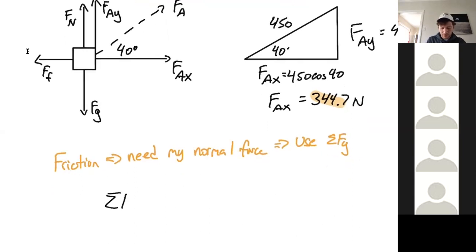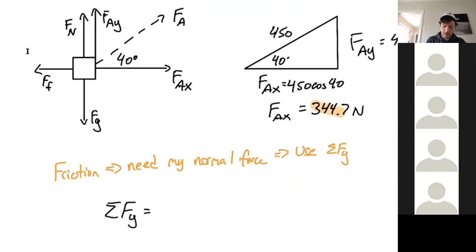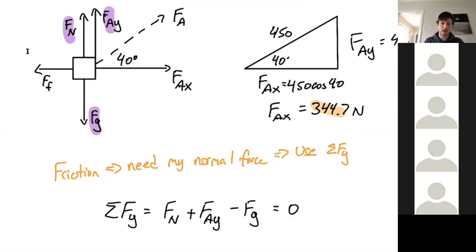The sum of the forces in the y direction. Well, what are my y components? I've got Fn, Fay going against the force of gravity. So Fn plus Fay minus the force of gravity. I'm going to start skipping a few steps.